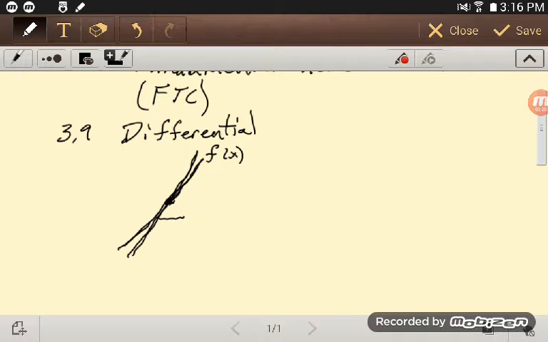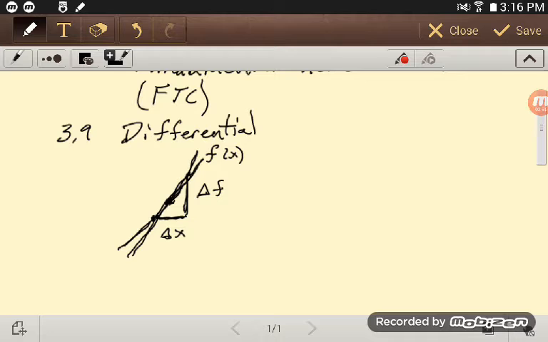If we take a particular delta x, that's our change in x, the real life change in x. And then we have our change in f, or change in y, which is the real live amount of change there.